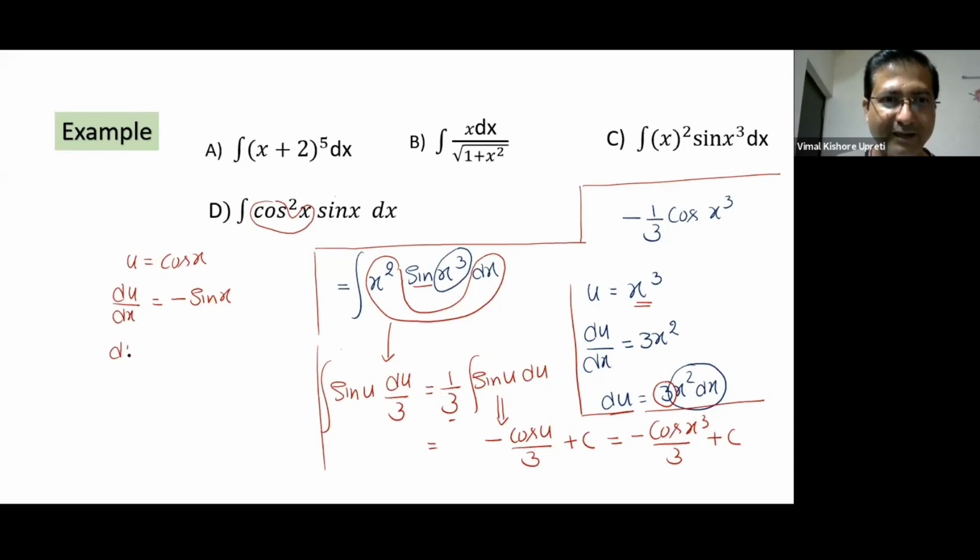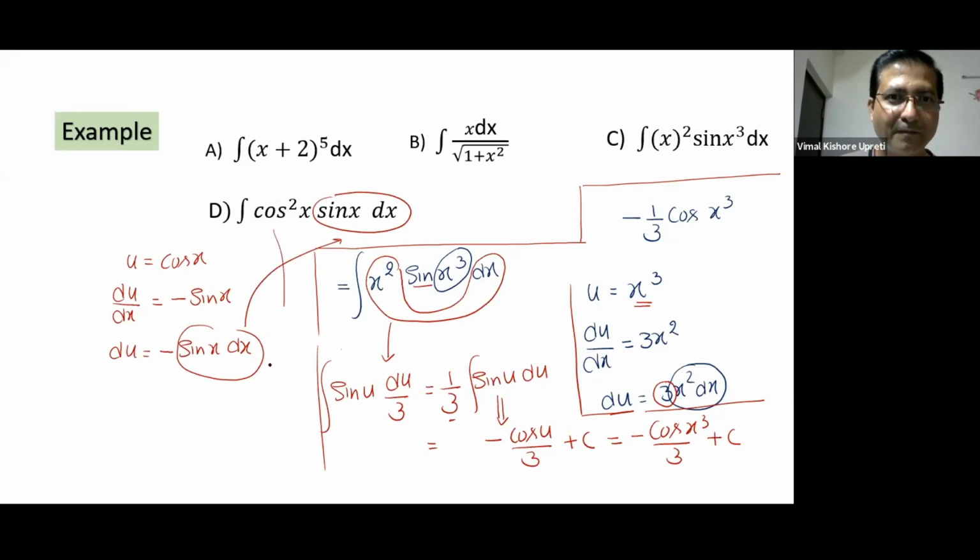So here du is equal to minus sin x dx. That means sin x dx, this I can write du. So in the integration, in place of cos, I am going to write u.